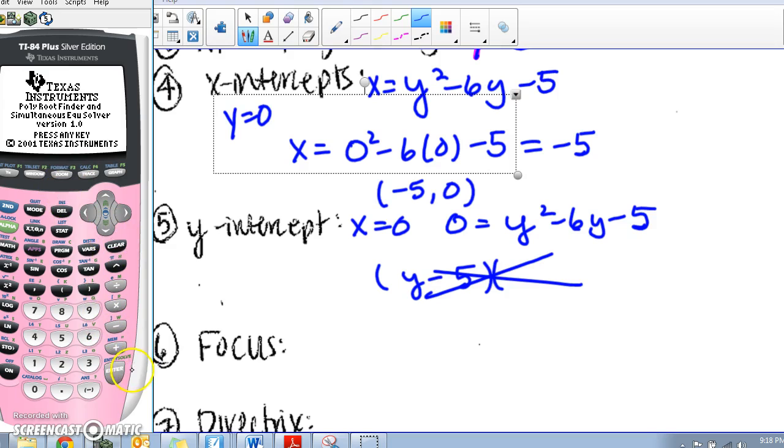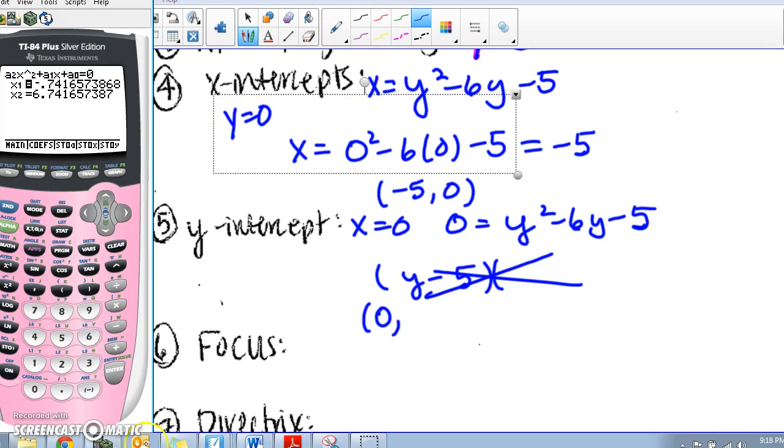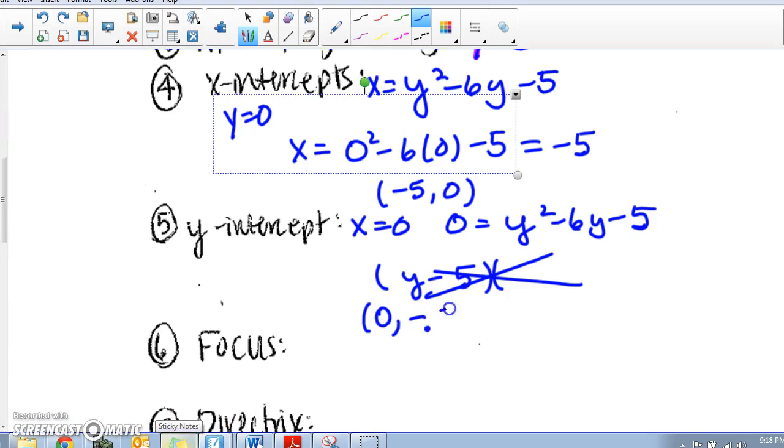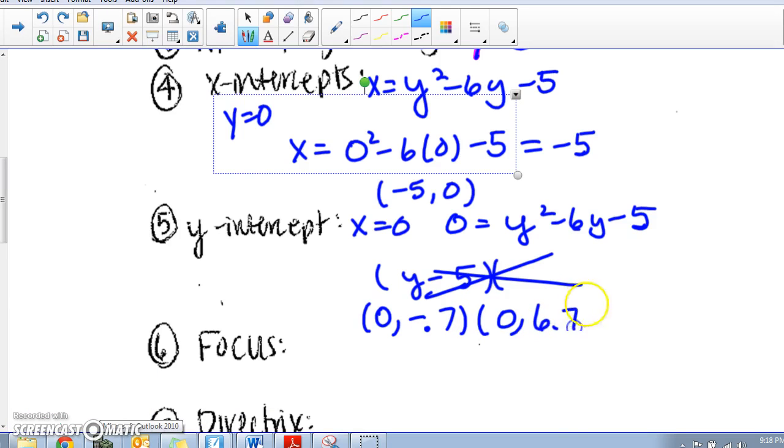And my Poly Smolt's a little different than yours, just because of the version. So 2, and we'll just type in for y1, negative 6, and negative 5, and solve. And it looks like we get 0 comma negative 0.7, and we can't turn those into fractions. And 0 comma 6.7.